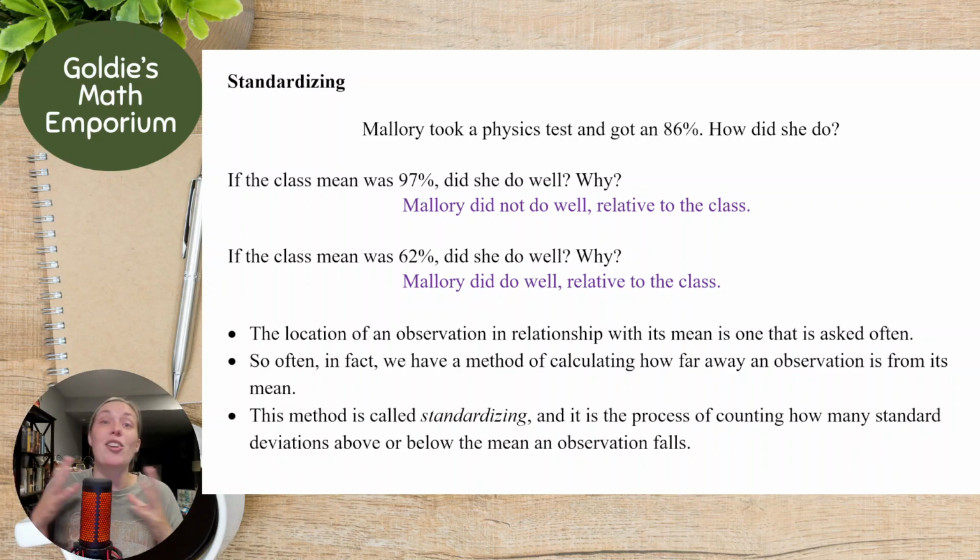And this idea is called standardizing. And it's the process of counting how many standard deviations above or below the mean a certain observation falls. So you can see standardizing has the word standard in it. So you can think of standard deviations, right? I want you to keep that in your mind here.